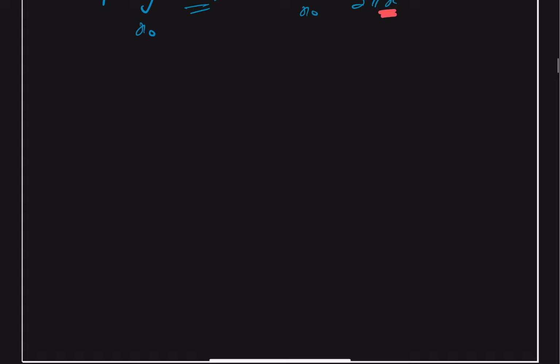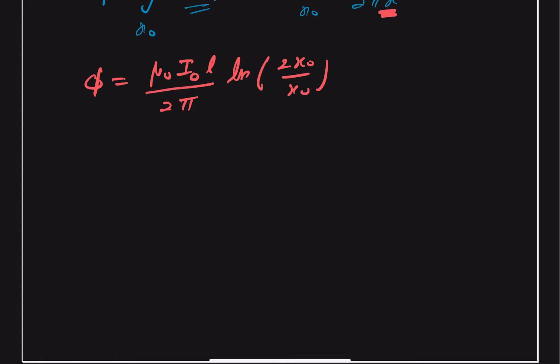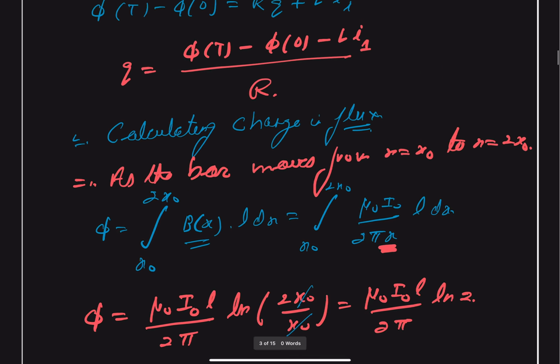Therefore we can say our phi will be equal to mu naught I naught L upon 2 pi natural log of 2x naught divided by x naught, and x naught on x naught cancels out, so this comes as mu naught I naught L upon 2 pi, and this is natural log of 2. So we get the change in the flux. The change in flux means this particular value.